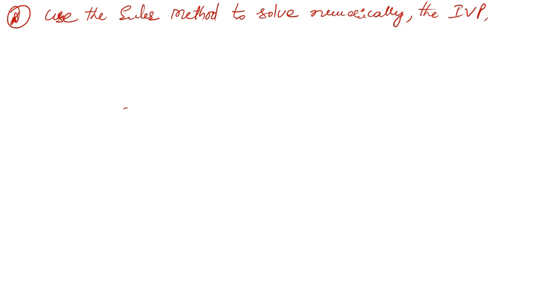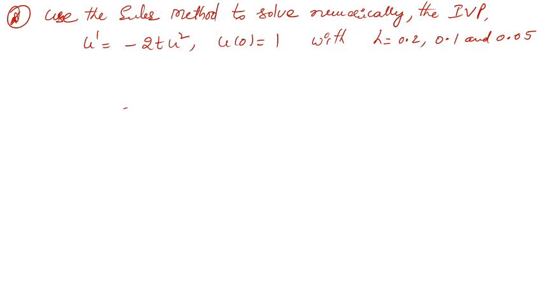Use the Euler method to solve numerically the initial value problem u dash equal to minus 2t u square, and the condition is u of 0 equal to 1 with h equal to 0.2, 0.1 and 0.05 on the interval closed 0, 1 is the problem.